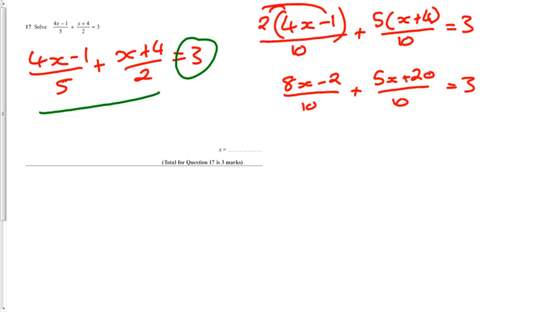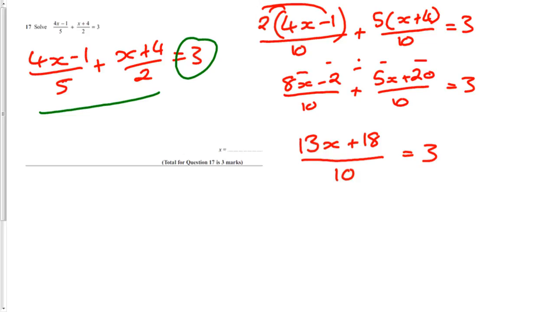What we're then going to do is simplify. So we're going to do 8x plus 5x, which equals 13x. We're going to do minus 2 plus 20, which is going to be plus 18. So we end up with 13x plus 18 over 10. And that still equals 3.